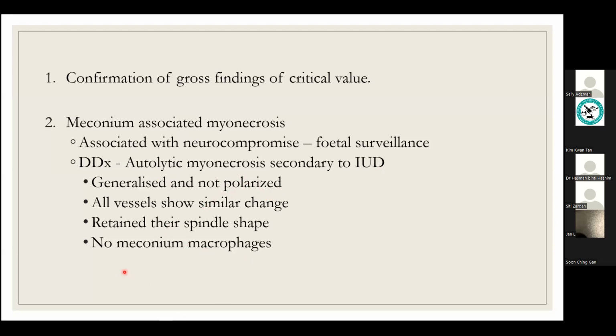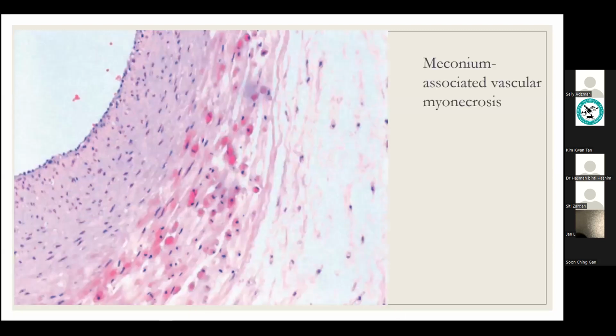All right, and also in meconium-associated myonecrosis, you will see meconium macrophages. Okay, just again the picture just now. So basically, this is the meconium-associated vascular myonecrosis. This is the outer side of the umbilical cord, and the meconium is here.